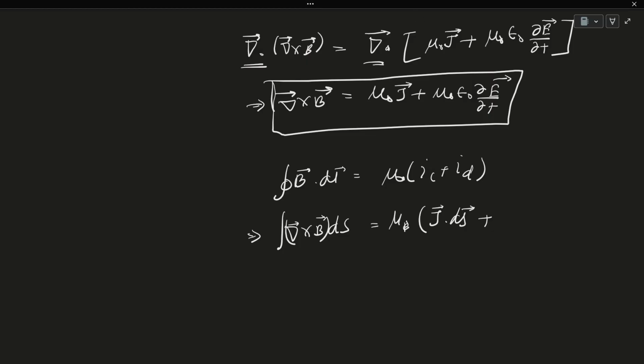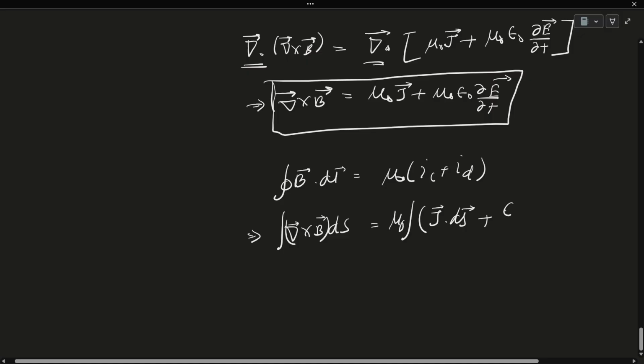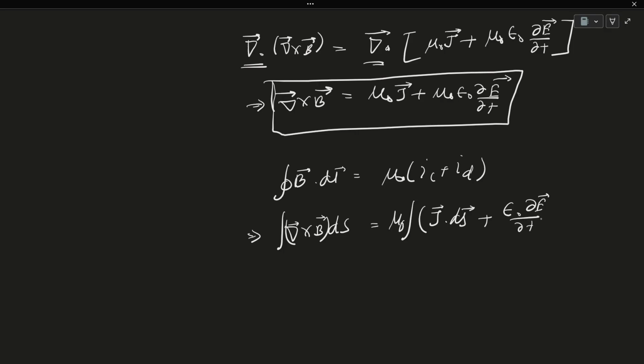So mu naught I am writing outside: mu naught integration of J dot ds plus epsilon naught del E del t dot ds. So I can write it down like this.